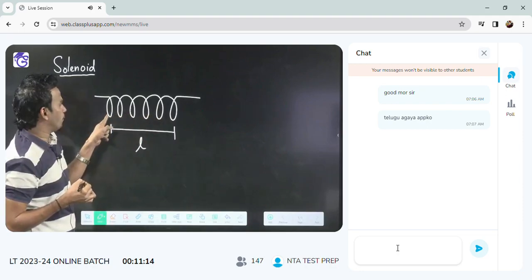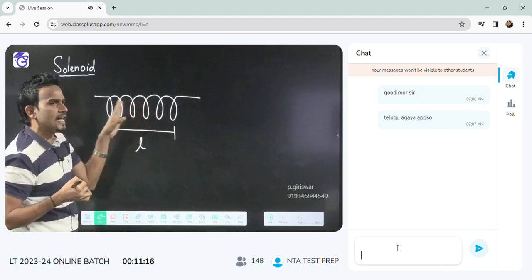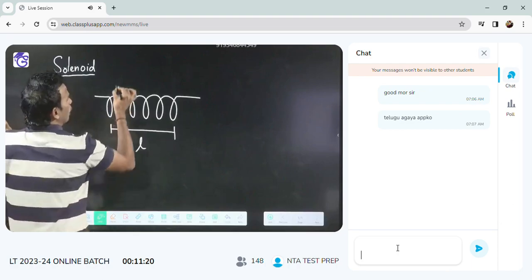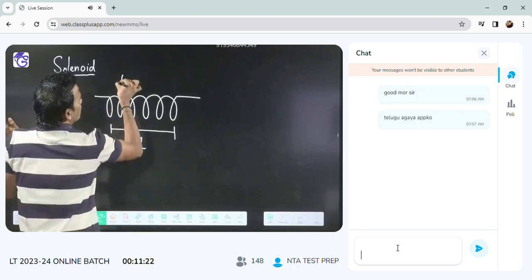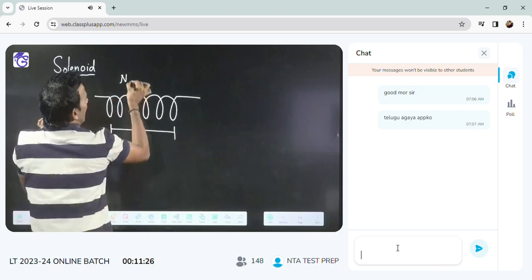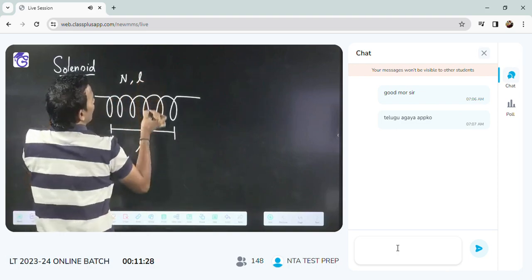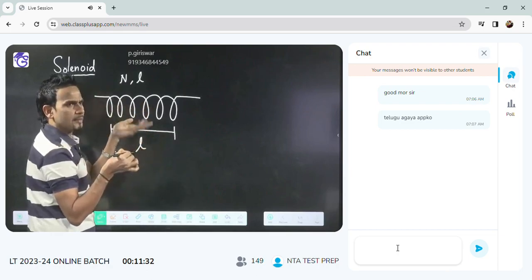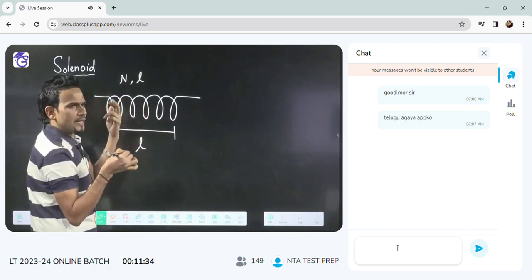For example, here 1, 2, 3, 4, 5, 6. 6 turns are there. Every solenoid will have a total number of turns which we represent by capital N. And the solenoid will also have a length, which we represent as L.